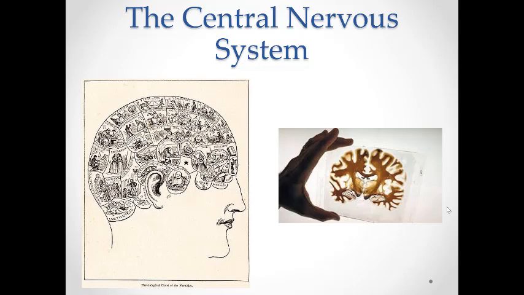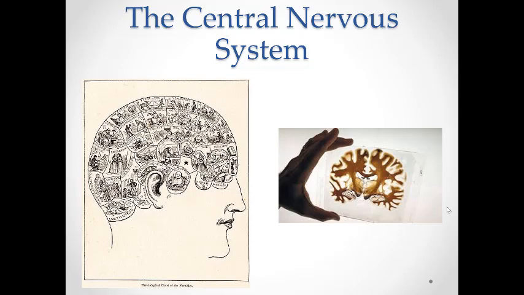Now, back before the age of science and all of the fancy tools that we have today, people believed that certain areas of the brain controlled certain things, like time and memory or tune or destructiveness or combativeness and friendship and hope and all those things.